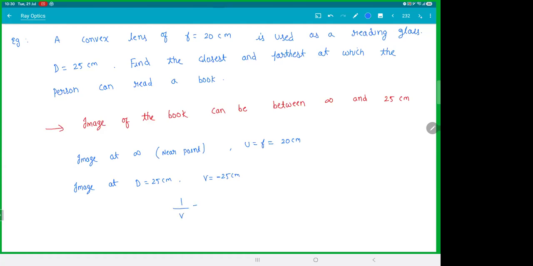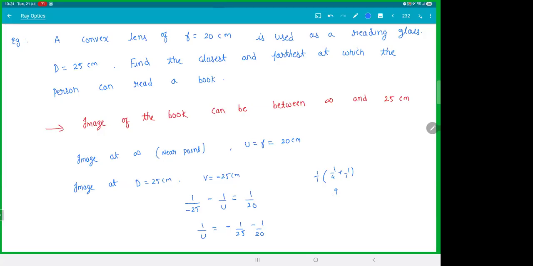Apply the lens formula, 1 by v minus 1 by u is 1 by f. So 1 by u will be minus 1 by 25 minus 1 by 20. How much is this? Take out 1 by 5 common, 1 by 4 plus 1 by 5.